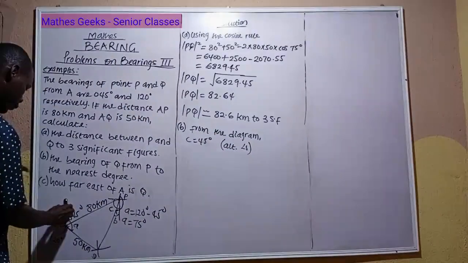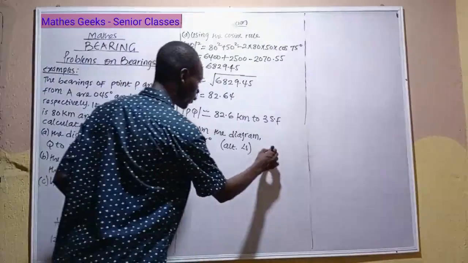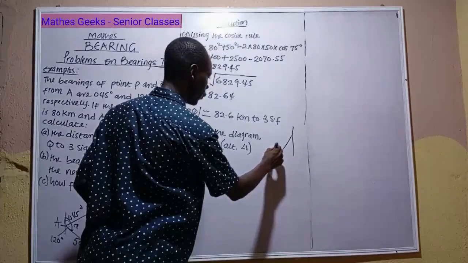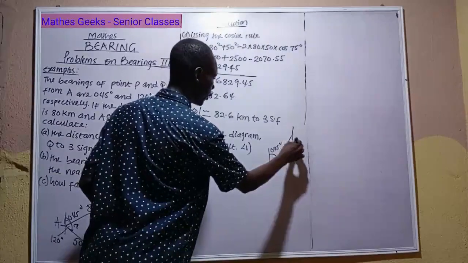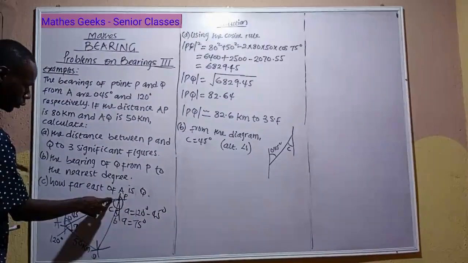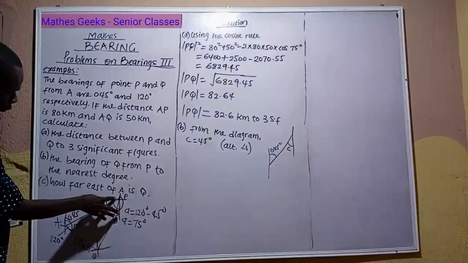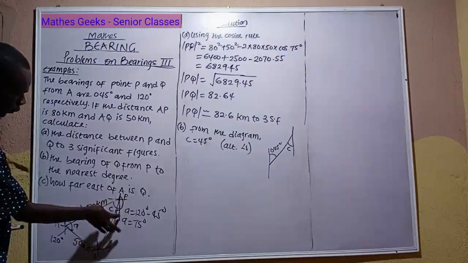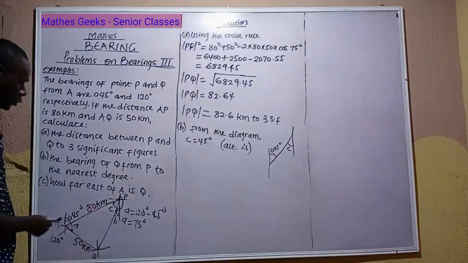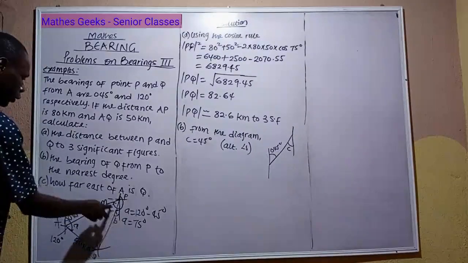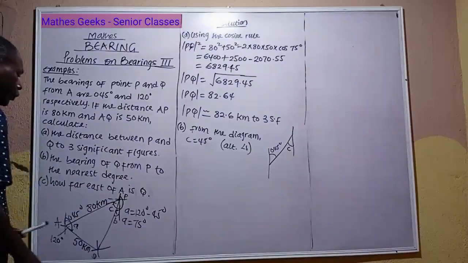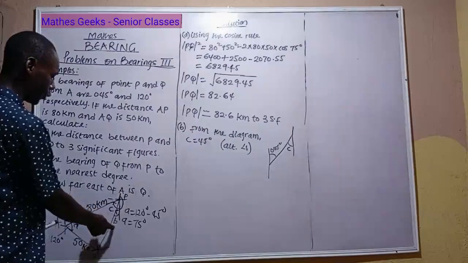Here you have 45 degrees, and here you have C, so they are alternate. From the south to this line is alternate to from the north to this line. With that we can get B.